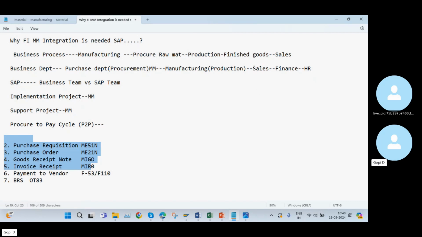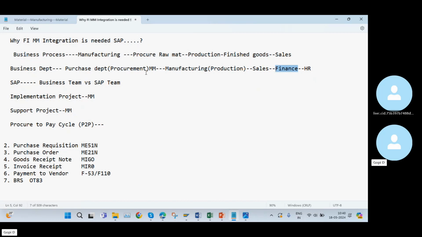The same principle applies in sales also. In sales and distribution, the activities are performed by the sales team, but finally the amount is received by the finance team only. That's the reason in the real time working environment we need to connect our procurement department to the finance department.